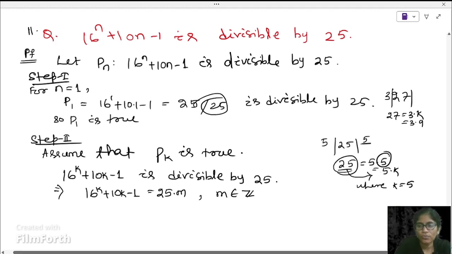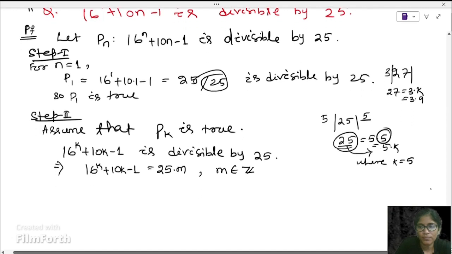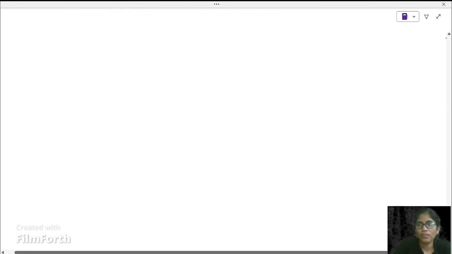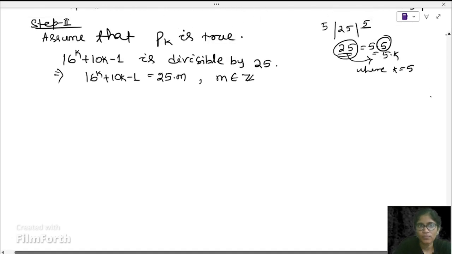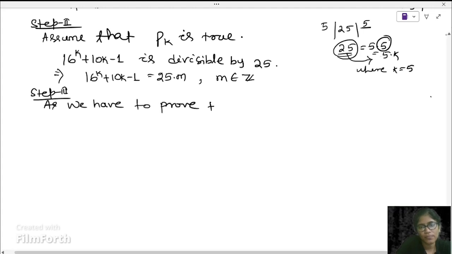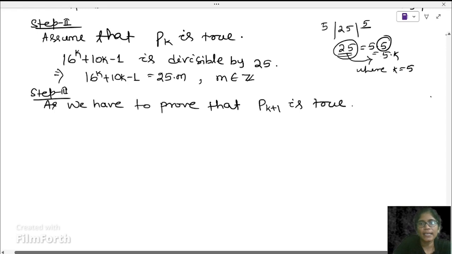Next, move to step 3. We have to prove that Pk plus 1 is true. That means in place of n we put k plus 1.